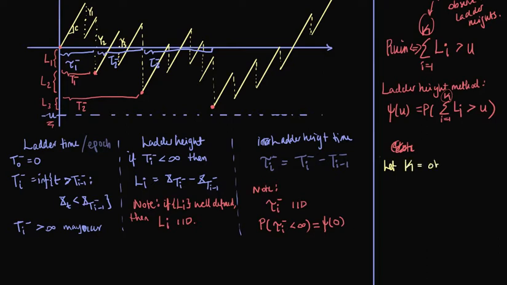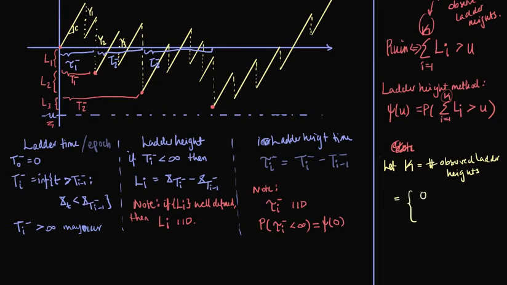Let K be the number of observed ladder heights. In the exercise, they actually write K up in a specific way, which we will also do here just for fun.